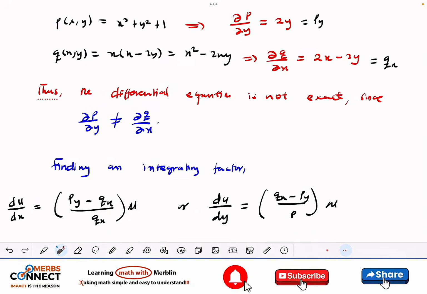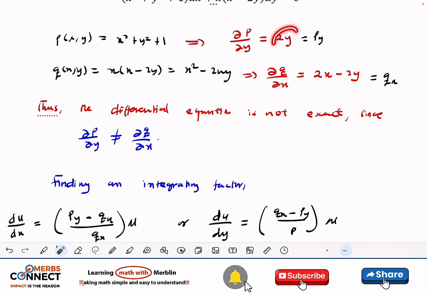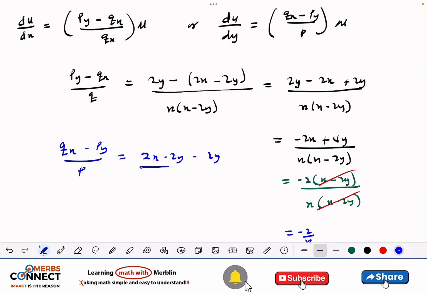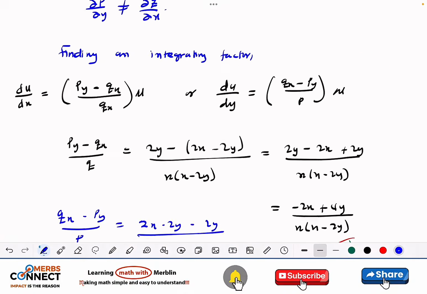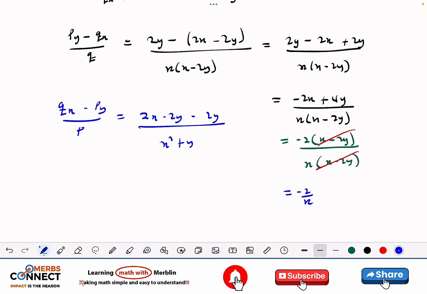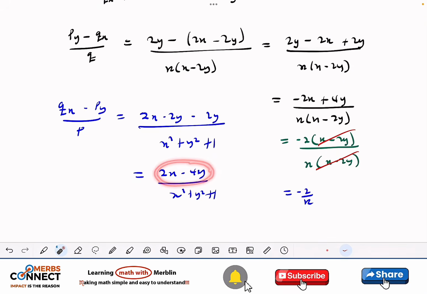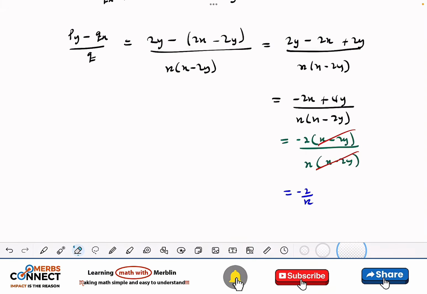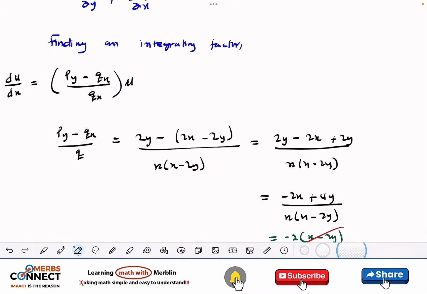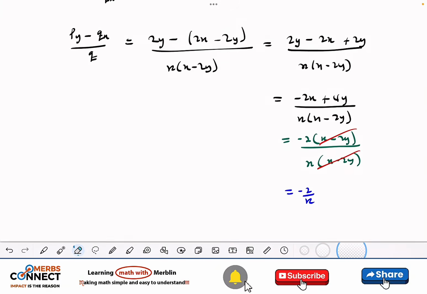So this is q x minus p y, then divided by p is x squared plus 1. So you can even see that there's no way we can cancel some things out here, because this is 2x minus 4y divided by x squared plus y squared plus 1. There's no way, even if you do factor here, because of the constant here, we cannot factor. So this is not going to work. Good. So always one works, the other one will not work.